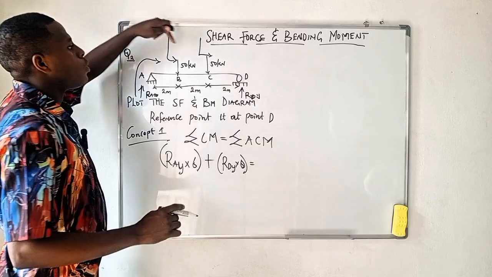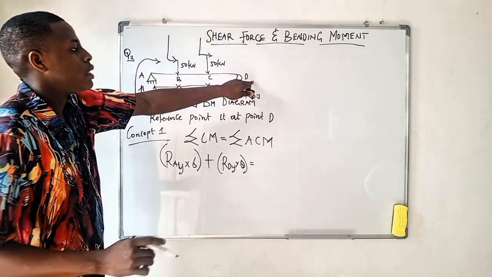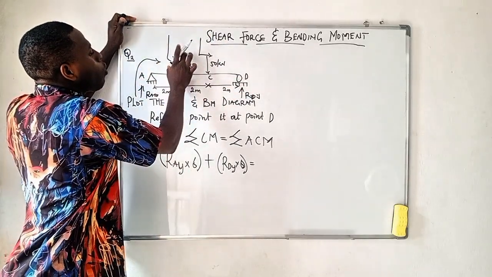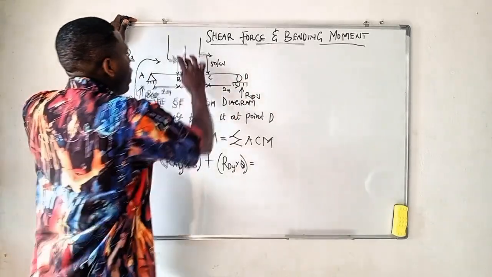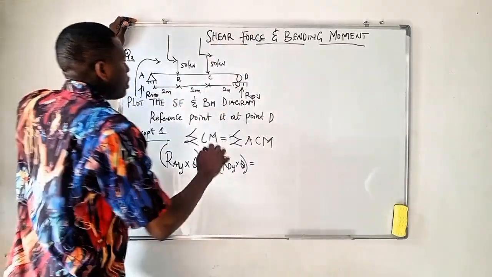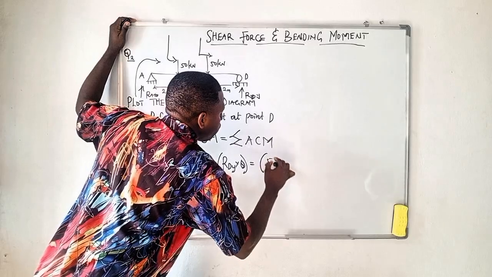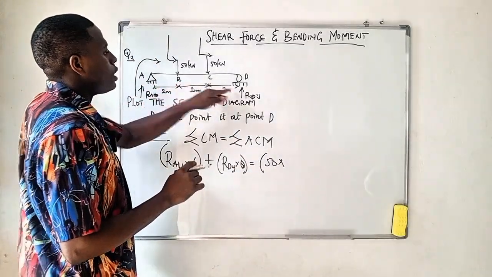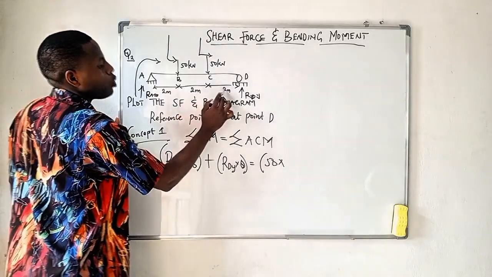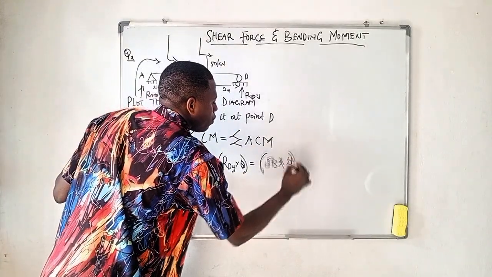This is equal to, our interest now is the anti-clockwise. We have two point loads, and our reference point is at point D. So we are taking the moment from this point down to point D. We have two anti-clockwise moments. We have 50 with respect to the distance from this point down to this point, which is 2 plus 2, which is 4.